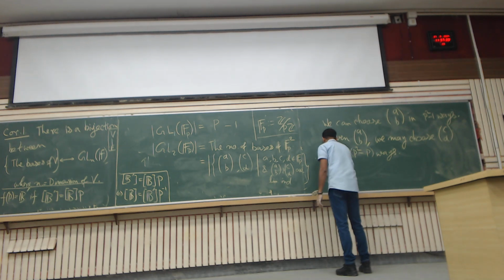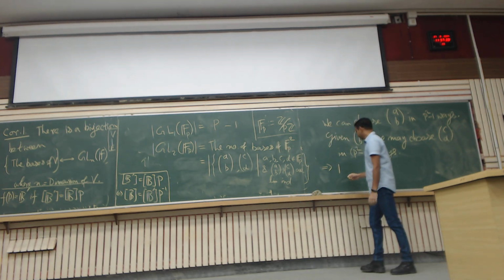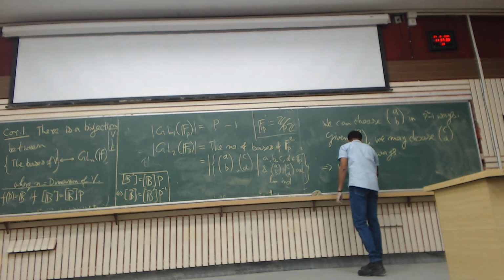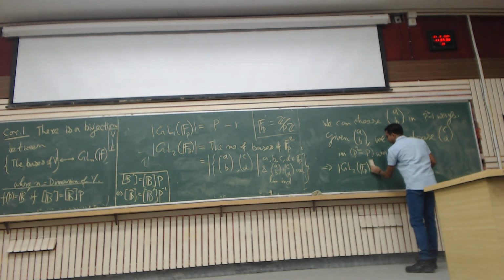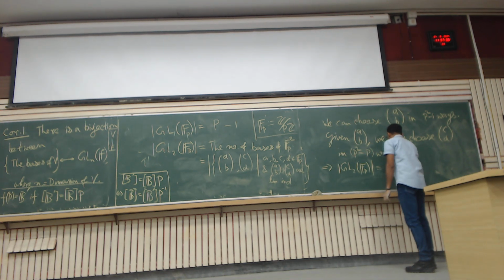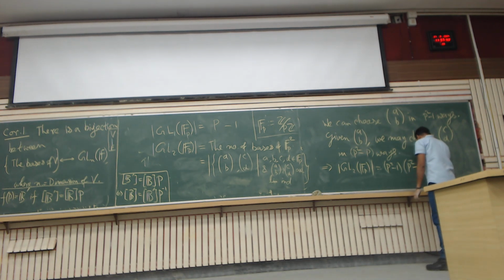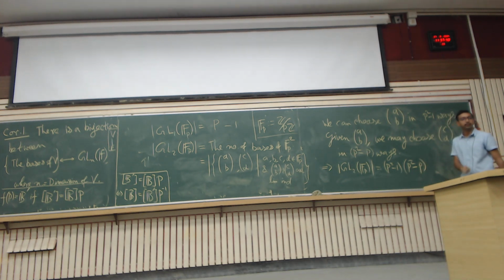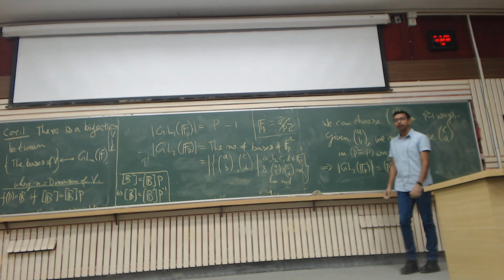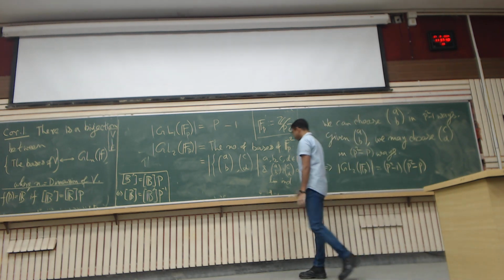So that gives the number of bases of FP squared: the product of these two, right? So you have P square minus 1 times P square minus P. So for the general case, it will be P^n minus 1 into P^n minus P, and so on, right?